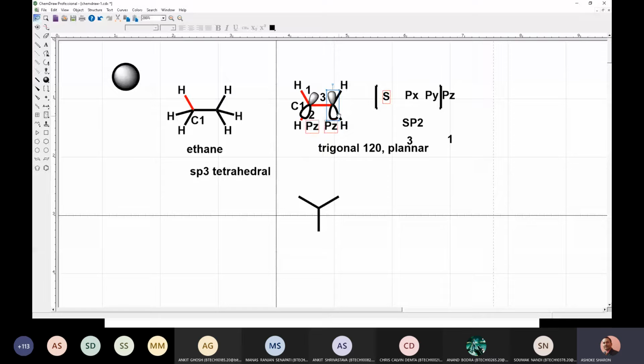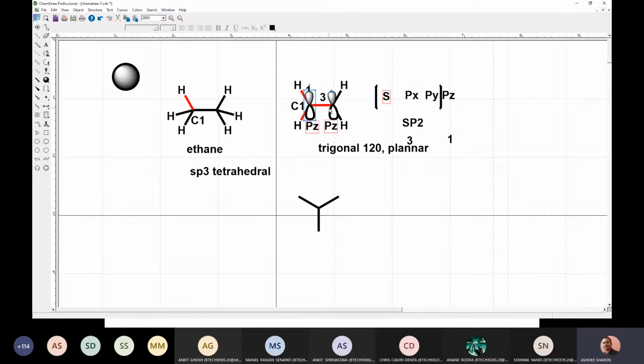So a trigonal planar, and then on the top and below it forms an electron cloud, because now your electron cloud is perpendicular here and here. Like a sandwich kind of structure.